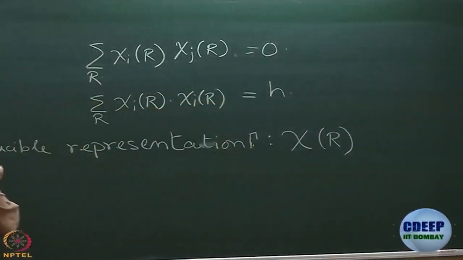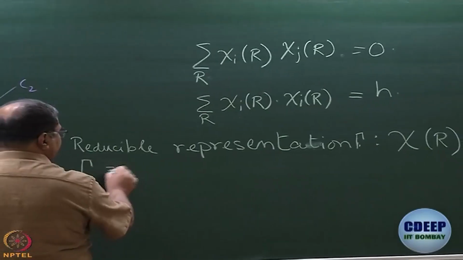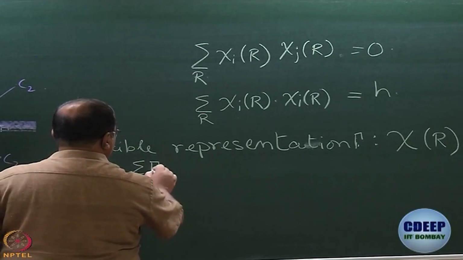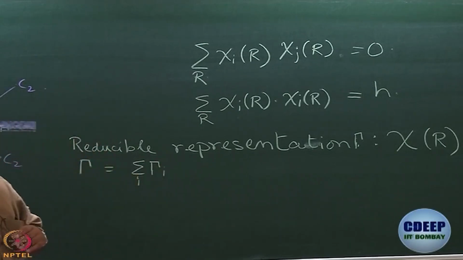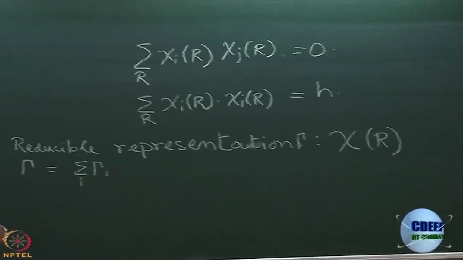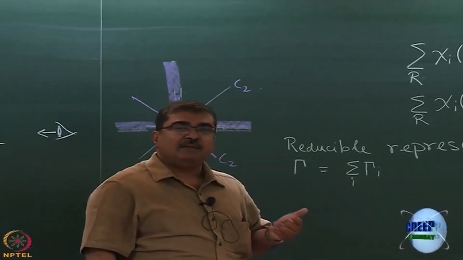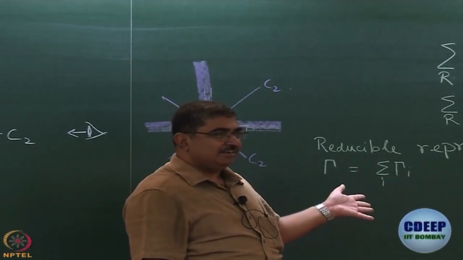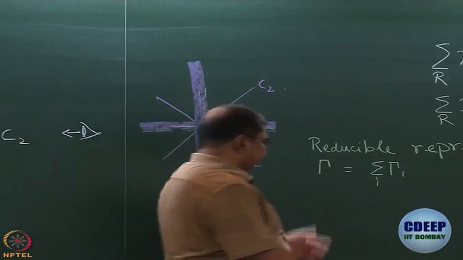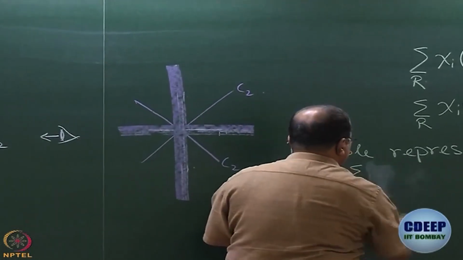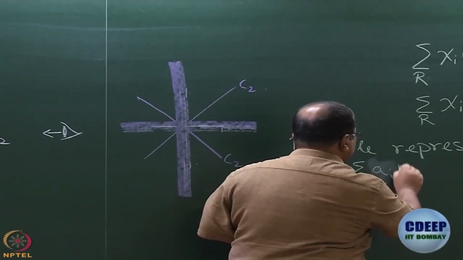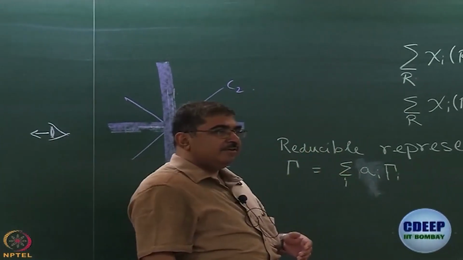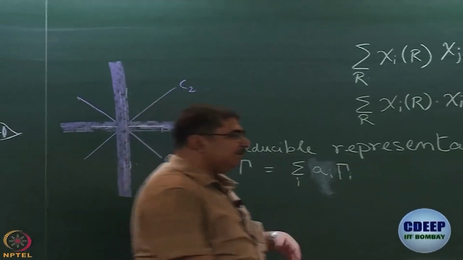If it is a reducible representation, I should be able to write gamma as a sum over i of a_i gamma_i, where the gamma_i are the irreducible representations, gamma_i being the ith irreducible representation, i being a general identifier. Sorry, I made a mistake here, there has to be a coefficient also. What does that mean?